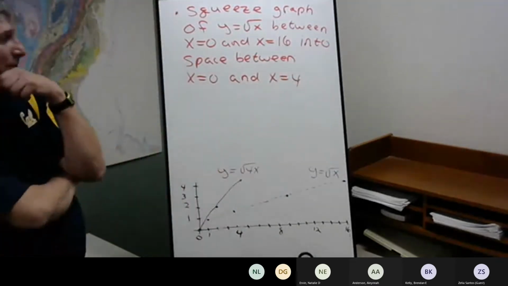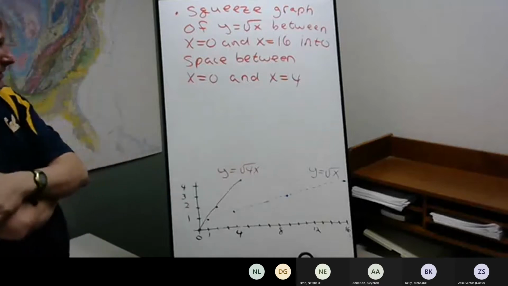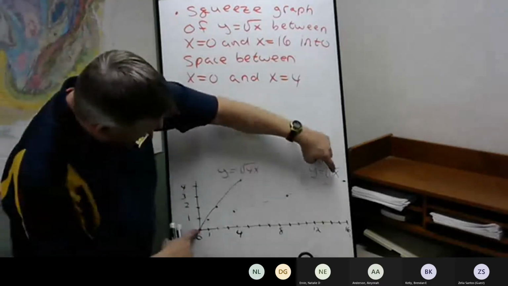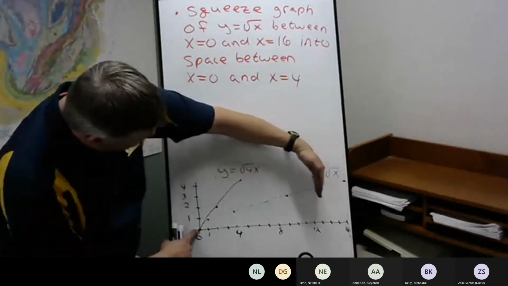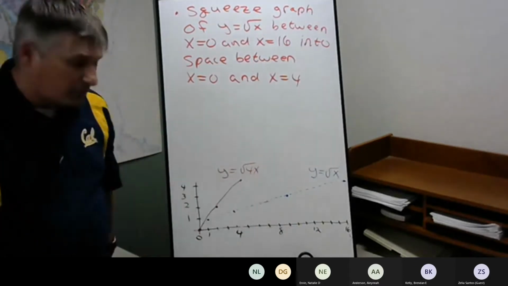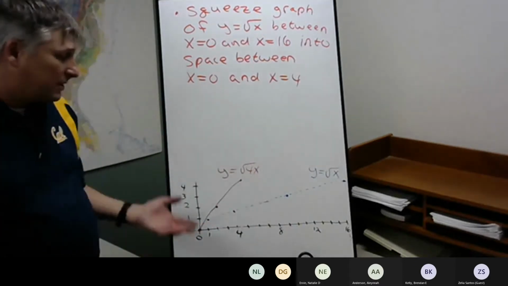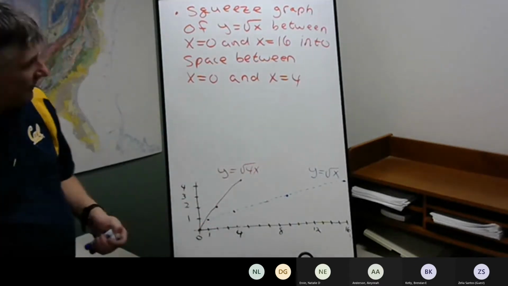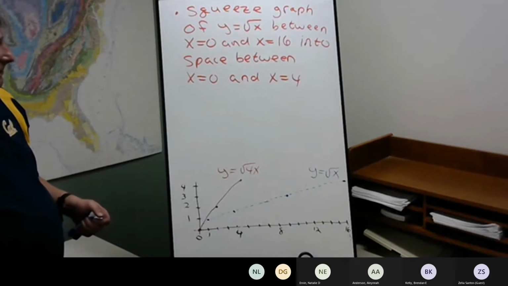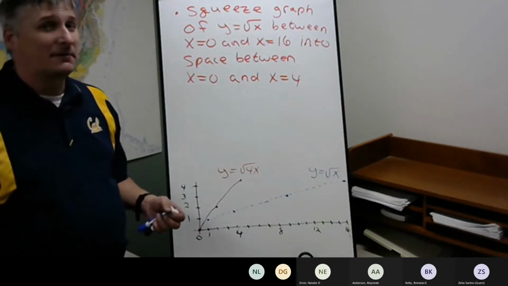So that's what we're doing here. We're squeezing it in, taking what's usually y equals square root of x, and we're just squeezing it in between 0 and 4. What used to be between 0 and 16. Questions about that?